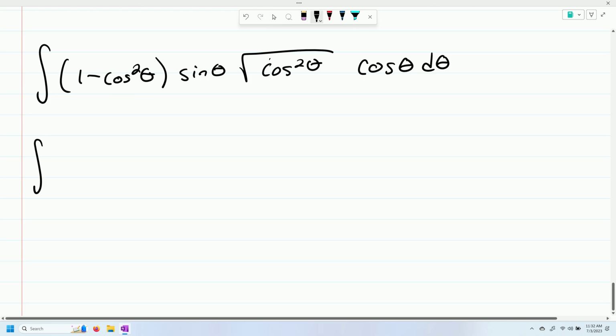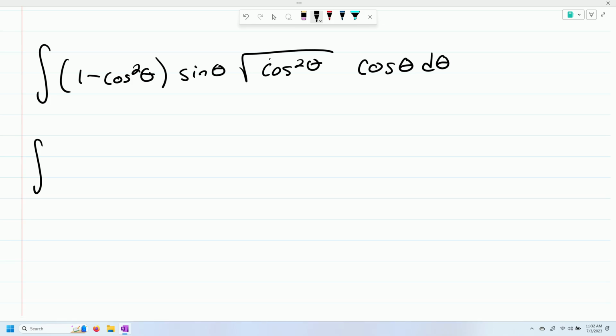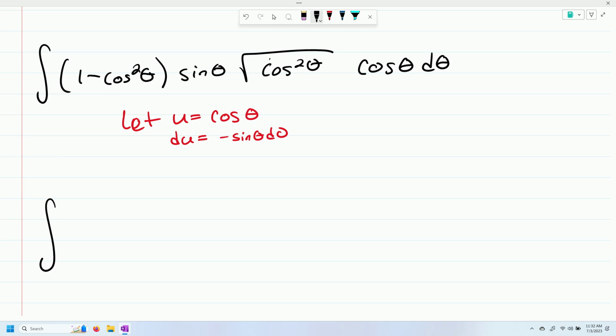And finally, when you look at this, we're going to go ahead and use u substitution. We're going to let u equal cosine theta. du is going to equal negative sine theta d theta. And the reason why is because we can make the substitutions.